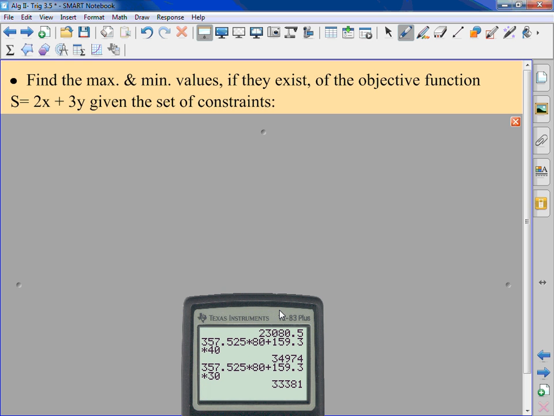Now, write this one down in your notes. We're going to find the max and min values, if they exist, of the objective function s equals 2x plus 3y. So right off the bat, I am telling you what the equation is.